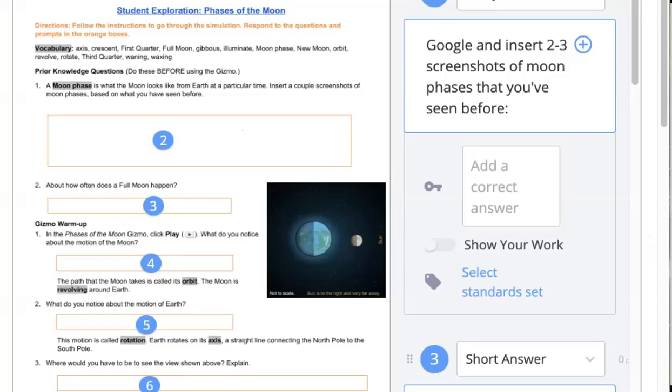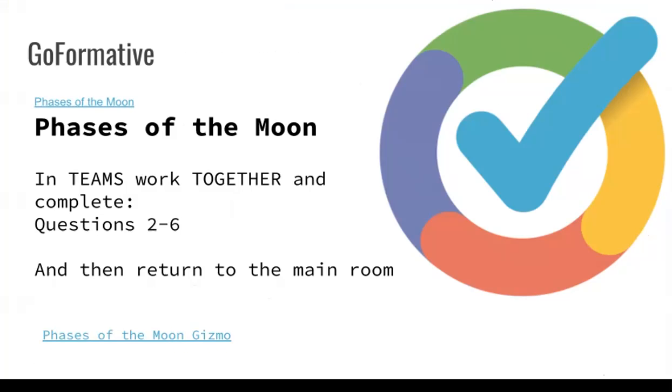If you're having issues with signing on to Gizmo, then please ask somebody in your group to share their screen. I'm going to make that a requirement. I want one of you to share your screen showing the gizmo. Okay, I'm going to add that on here. That'll help us be more engaged.